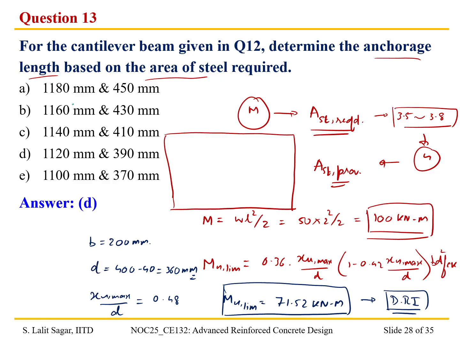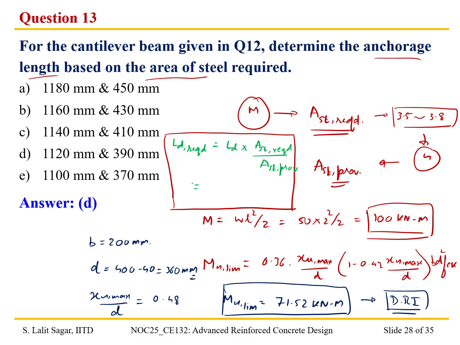Okay, now LD required is equal to LD multiplied by AST required by AST provided. So let me do it for tension first.